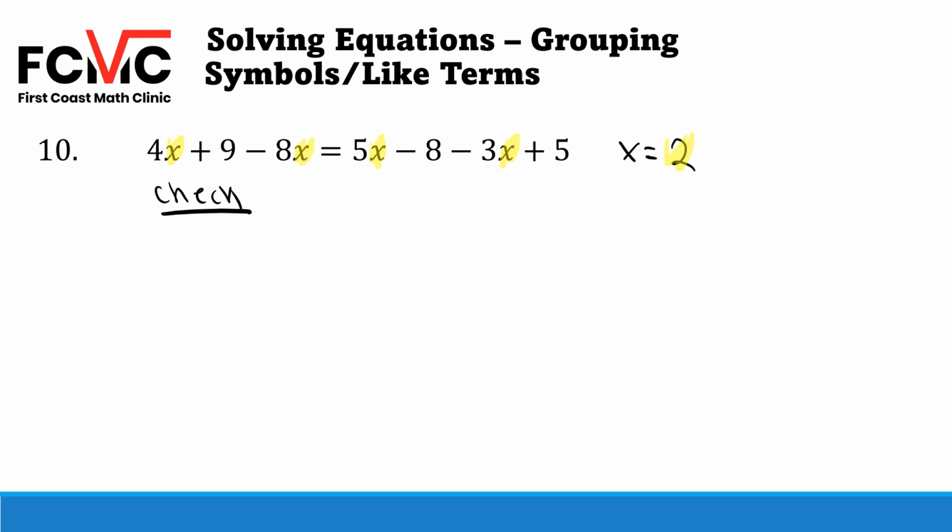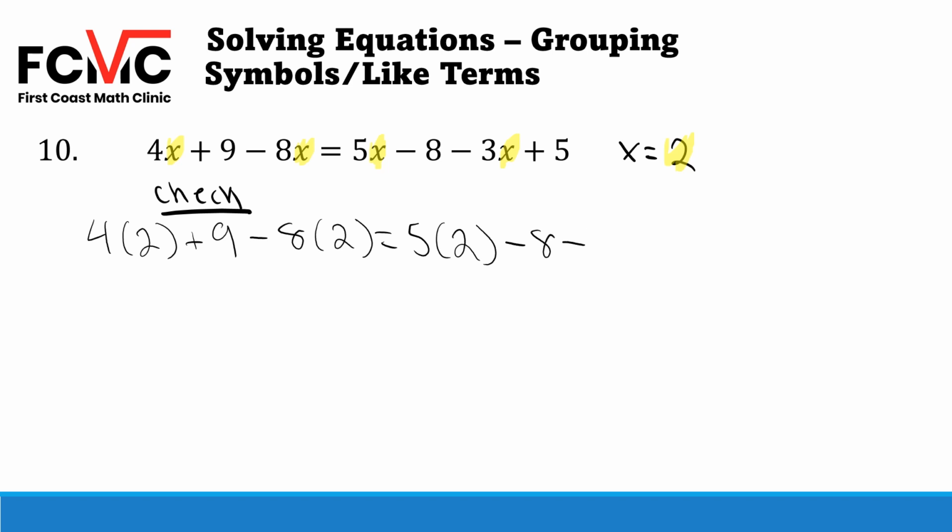So let's rewrite our equation, and everywhere we see an x, we're substituting that 2 in. So I'll have 4 times 2 plus 9 minus 8 times 2 equals 5 times 2 minus 8 minus 3 times 2 plus 5.